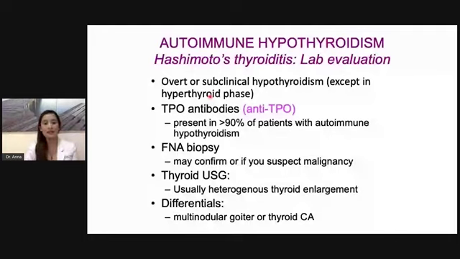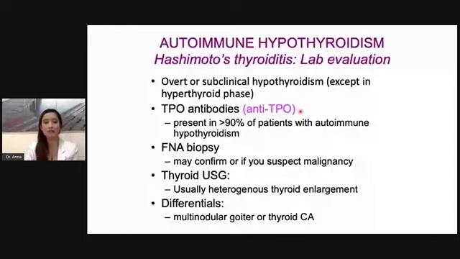And in this case, if you suspect Hashimoto's thyroiditis in a patient presenting with hypothyroidism, we request anti-TPO, or thyroid peroxidase antibodies, and it's present in more than 90% of patients with autoimmune hypothyroidism. Sometimes in patients who have multiple nodules that look suspiciously malignant, you can do an FNA biopsy because Hashimoto's thyroiditis can also be a risk for malignancy. I think particularly it's lymphoma that's increased in risk.